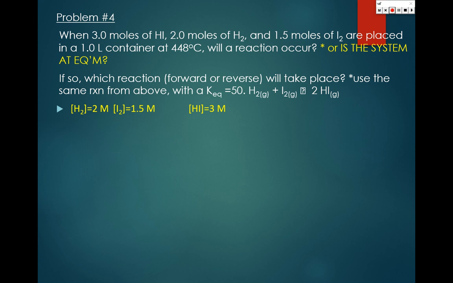I wrote them in order of the equation. It doesn't really matter. So now we have 2 molar hydrogen, 1.5 molar iodine, and 3 molar hydrogen iodide. We're given everything, we don't need to find anything. So we're going to plug those values in and see what our trial value, our Q, is.